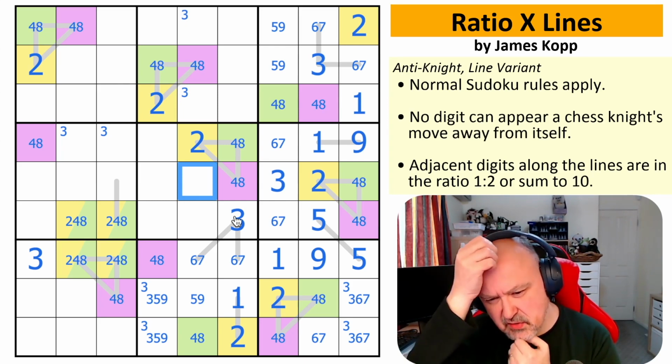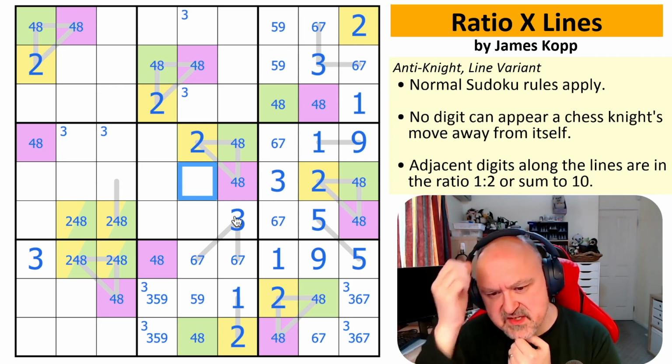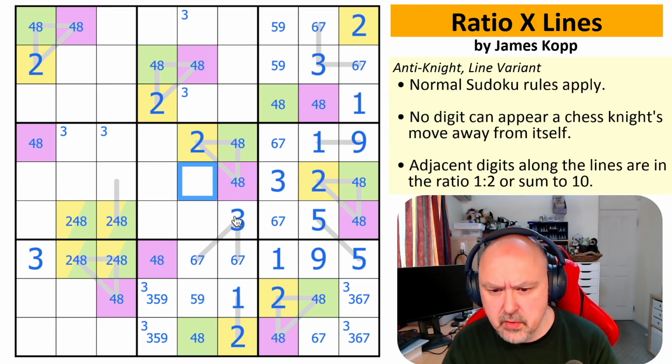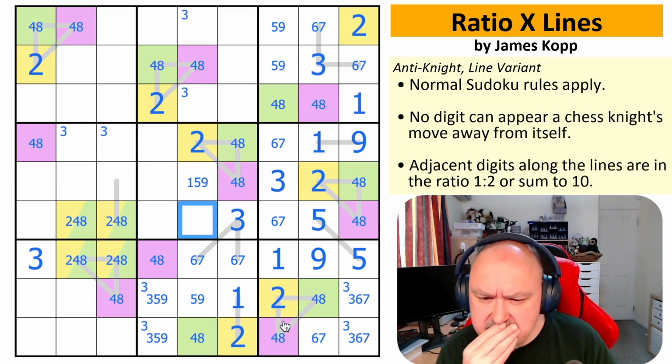Like that sees a lot. Sees 2, 3, 4. So it can be 1, can be 5, can't be 6, 7, 8. So it's 1, 5, or 9. That's restricted.